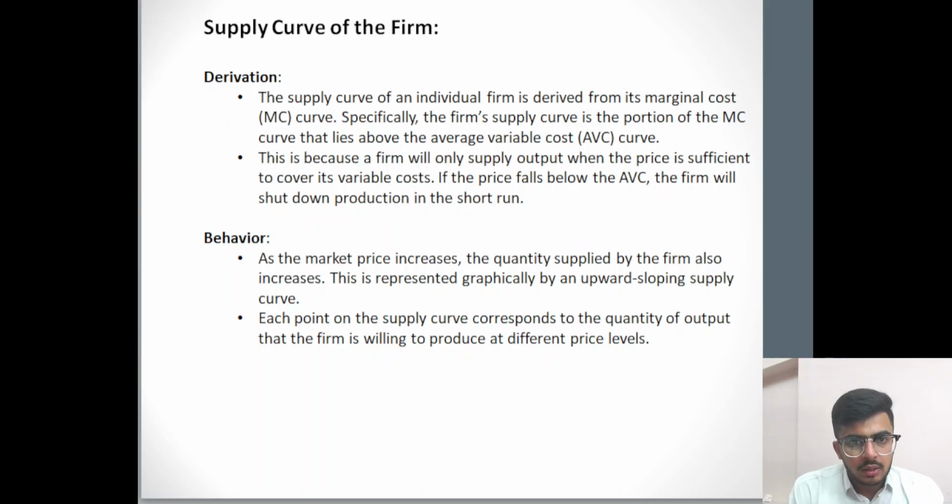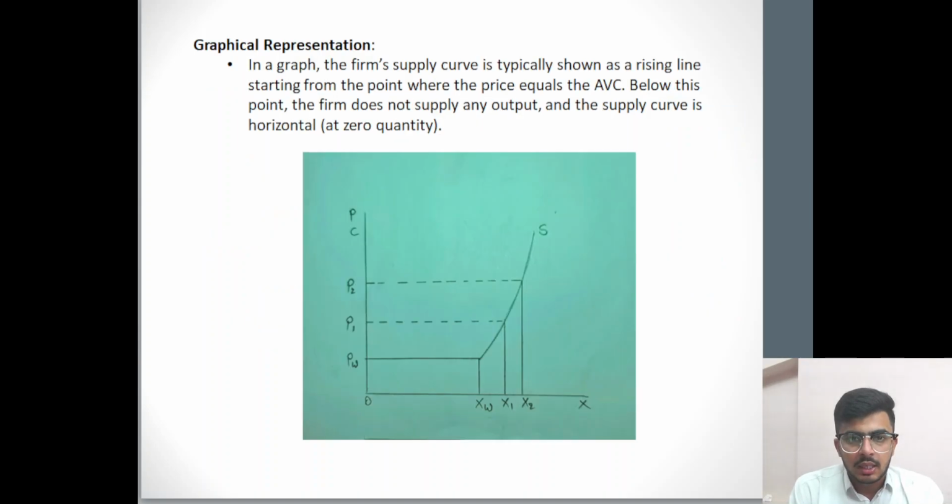Behavior: as the market price increases, the quantity supplied by the firm also increases. This is represented graphically by an upward sloping supply curve. Each point on the supply curve corresponds to the quantity of output that the firm is willing to produce at different price levels. And this is the graphical representation of the supply curve.